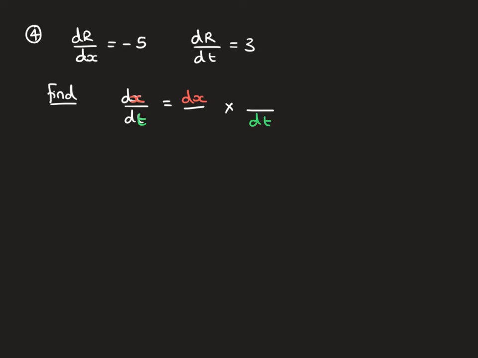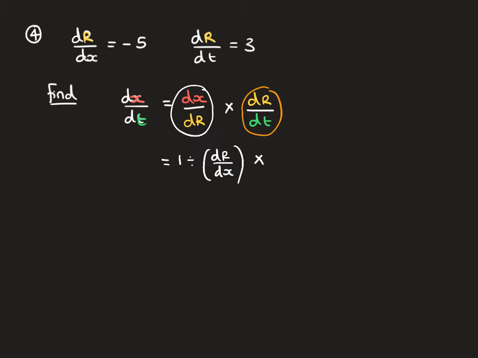I then look back at the information I've got, and the only other variable involved in this is r, which means this needs to be dr and this needs to be dr. Now, dx by dr is, of course, 1 over dr by dx. That was the first example we looked at. And dr by dt is, of course, equal to 3.